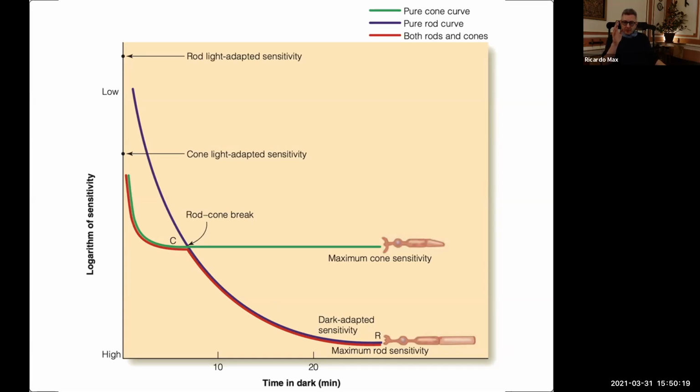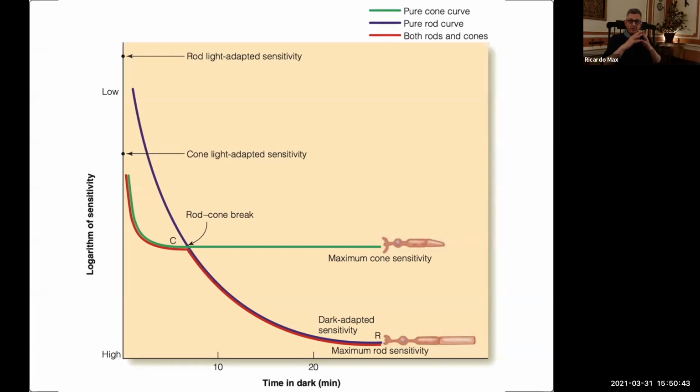Let's say that you are under normal light conditions, and then you enter, the lights are turned off. After 25, 30 minutes, you reach maximum dark adaptation for both cones and rods.